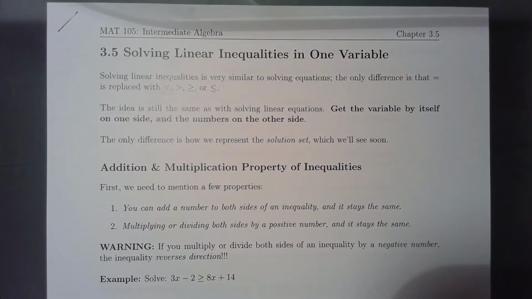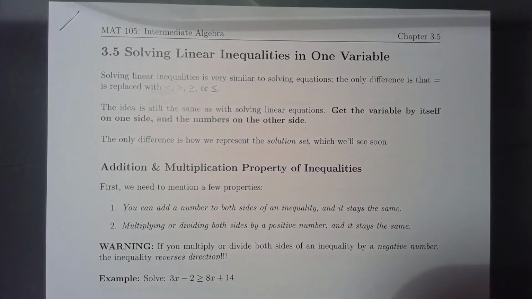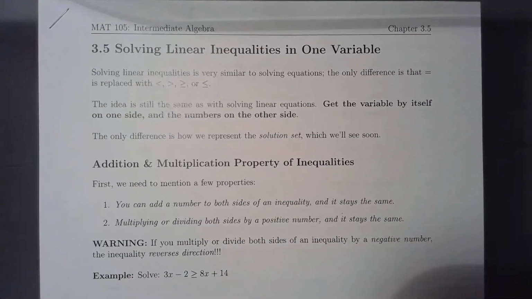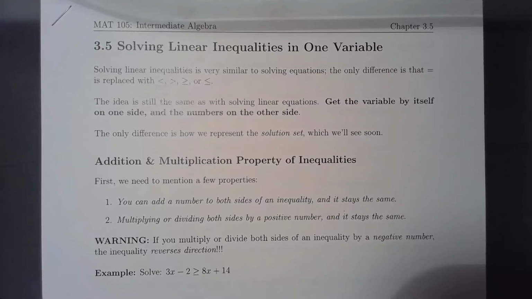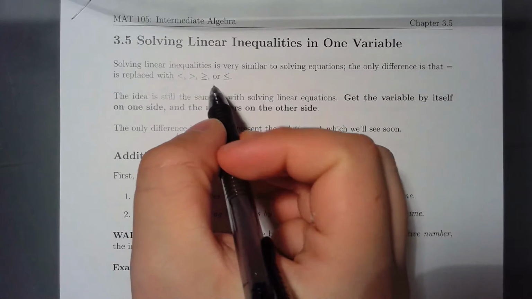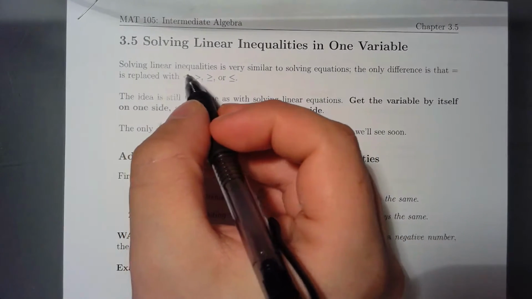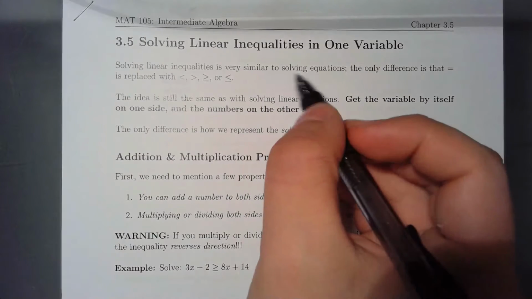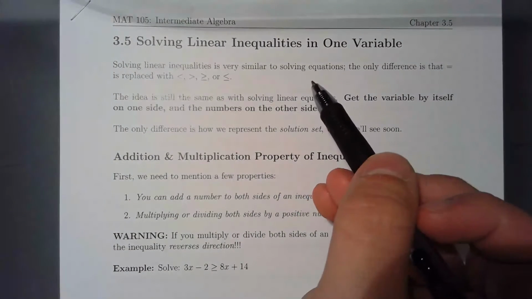The last section in Chapter 3, we're going to look at a new thing called linear inequalities in one variable. We're going to start looking at the first types of inequalities you'll see in algebra. They're very similar to solving equations.